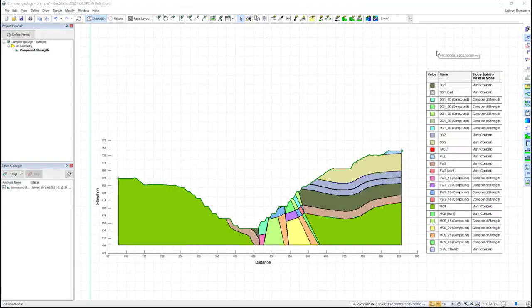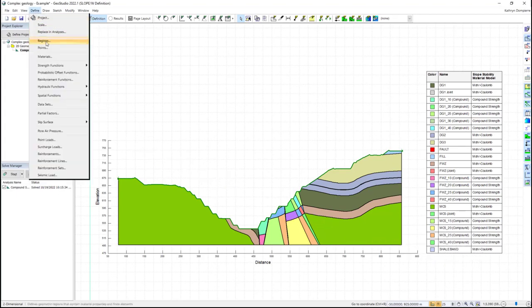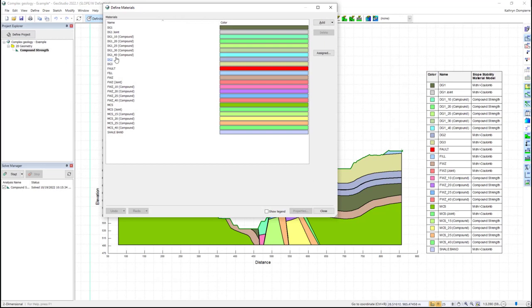Back in GeoStudio, I have set up a Slope W analysis with a rather complex geometry where the geology features many different materials. The project geologist identified many joint sets for these various materials and tested their resistance in the laboratory. The materials created in Slope W reflect these measurements via the creation of various compound strength materials.